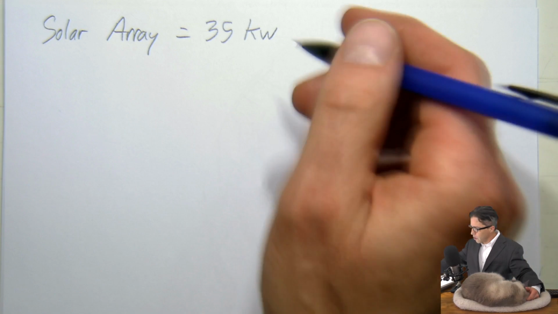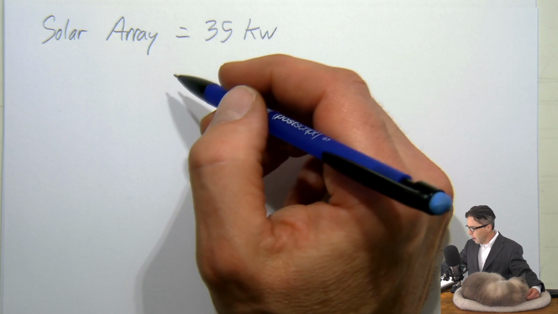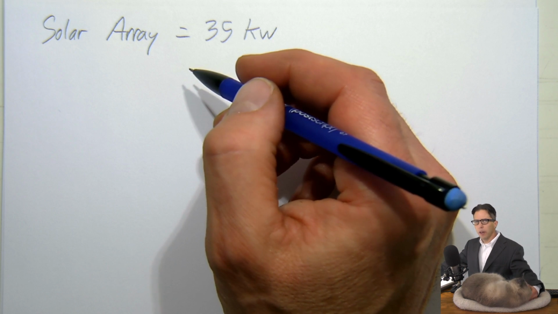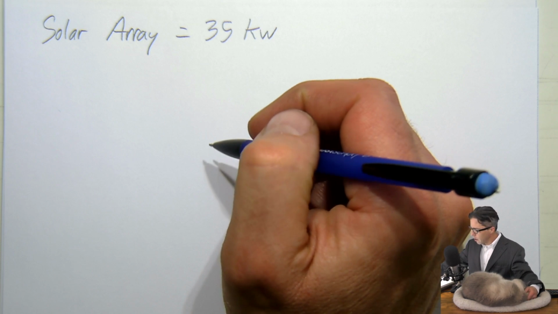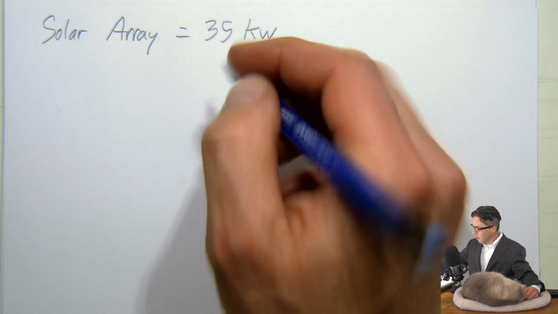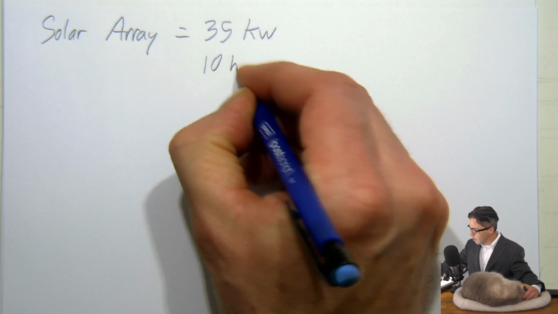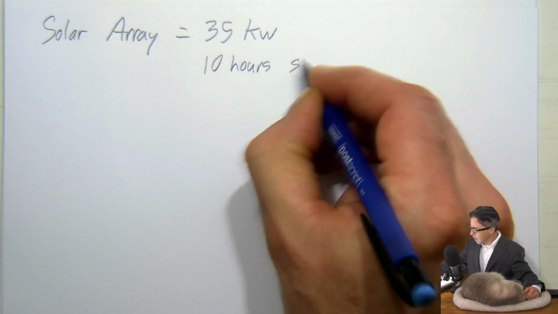Okay, we'll do another version of this type of problem. Now let's say I've got a big solar array on a roof, say at UNM, and it's rated at 35 kilowatts. And let's say the building is situated so it gets 10 hours of sunlight a day.